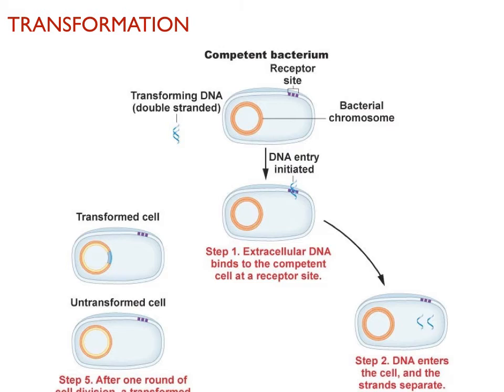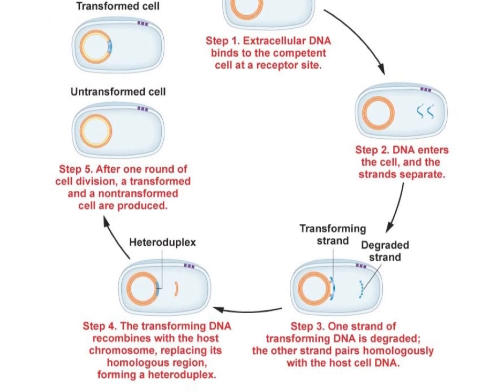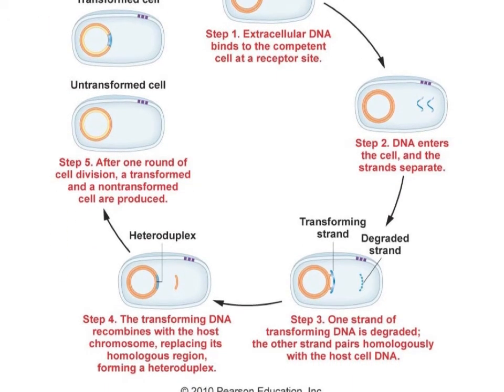So in this process of transformation, we shock these competent bacteria to initiate the entry of this DNA that we've put in there. And once this DNA enters the cell, this double-stranded DNA will generally denature, so separate into two single strands.